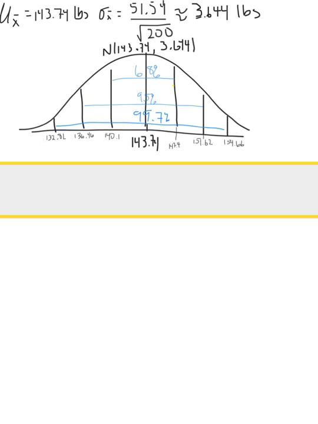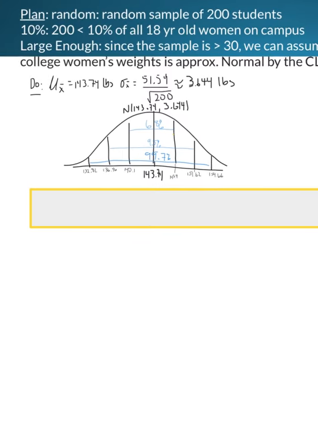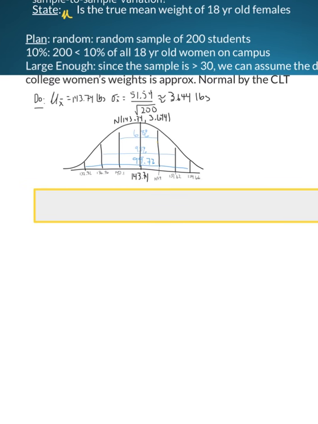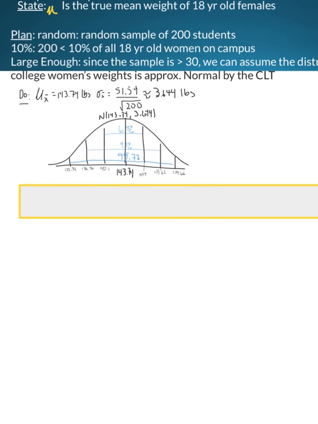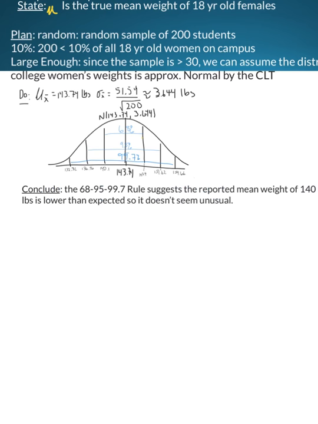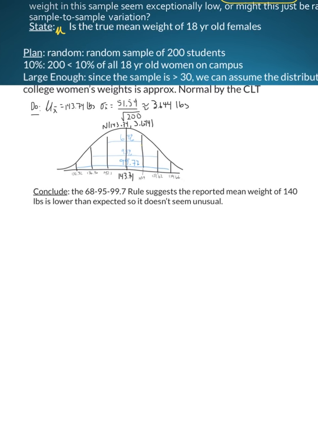Now, because it says they thought 140 was less than the population mean, is this unusual? Are they underrepresenting their weights? Okay, so here's our conclude step. So the 68, 95, 99.7 rule suggests the reported mean weight of 140 pounds is lower than expected, so it does not seem unusual.